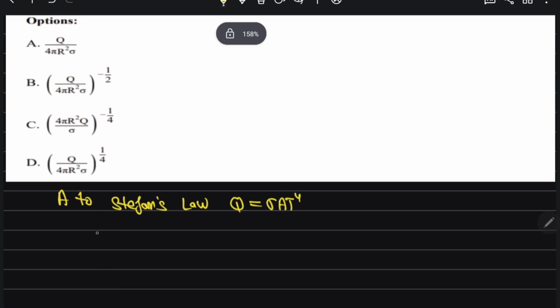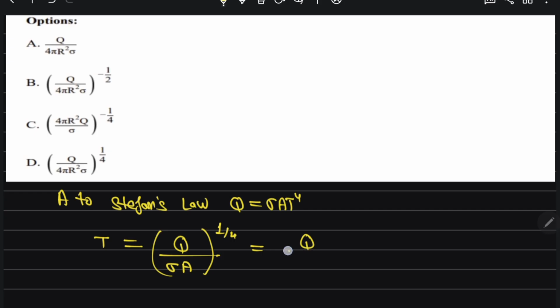They are asking for temperature, so T to the power 4 is Q upon sigma A, and T is that to the power 1 by 4. So Q upon sigma into 4 pi R square, to the power 1 by 4.